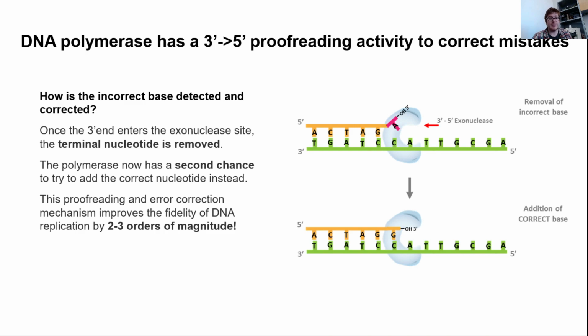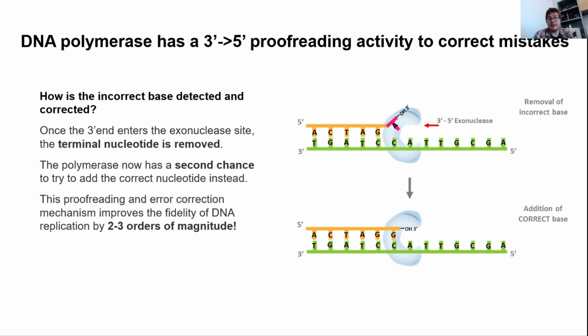And so this process of, following addition of incorrect nucleotides, allowing for the 3' end to sample about and try to access the 3' exonuclease site, gives an opportunity to fix the mistake and start over. And this proofreading and error correction mechanism that I'm describing to you here actually improves the fidelity of DNA replication by 2, sometimes even 3 orders of magnitude.